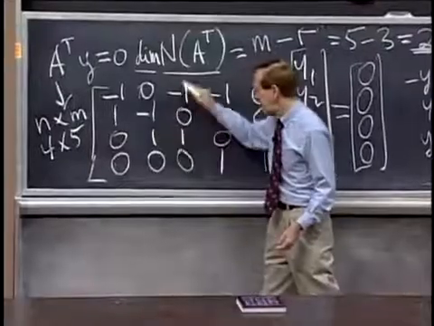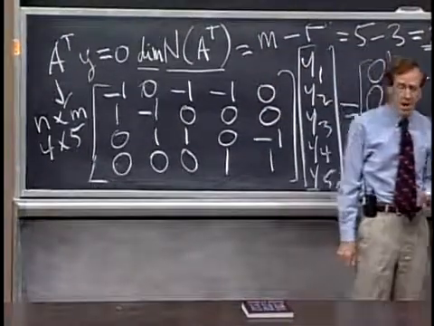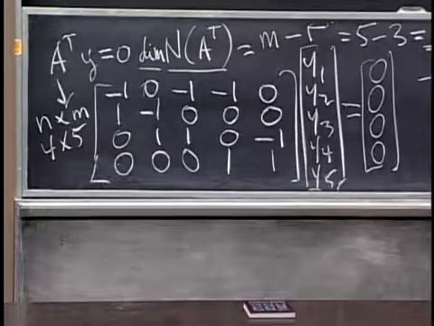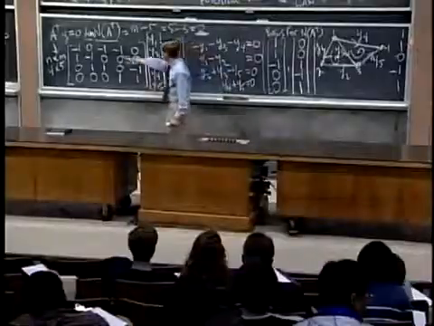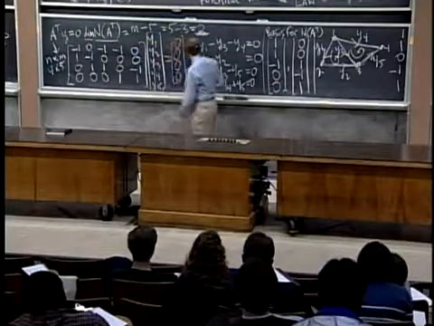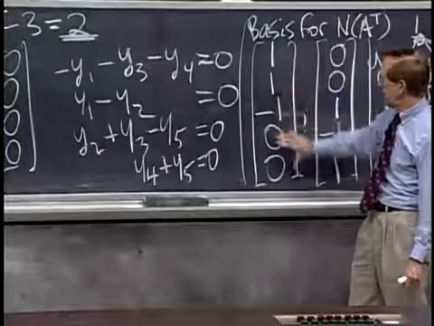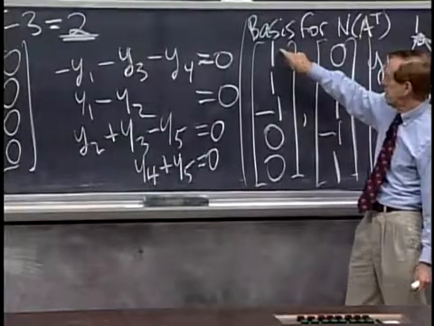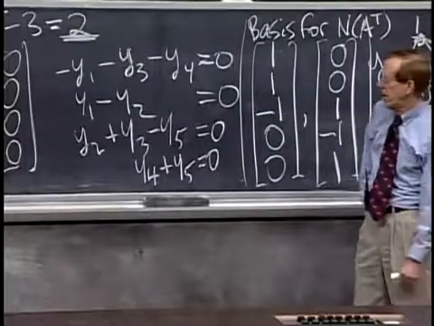When I transpose it, there's 3 independent columns. Are those columns independent, those 3? The first 3 columns, are they the pivot columns of the matrix? No. Those 3 columns are not independent. In fact, this tells me a relation between them. There's a vector in the null space that says the first column plus the second column equals the third column.